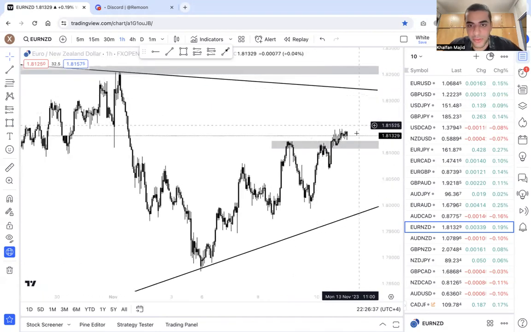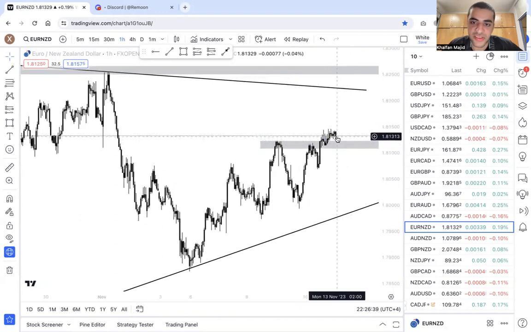Sometimes price just doesn't break and retest. Sometimes price breaks, dumps down, and doesn't respect the retest. So it's better to go in the middle of the retest, check if it respects the zone and a new support zone is formed, then that's how you find success.